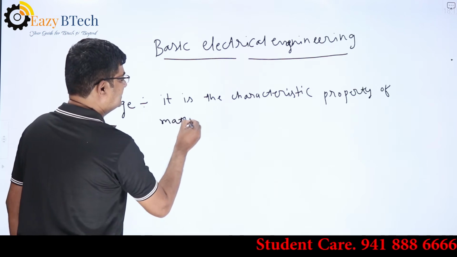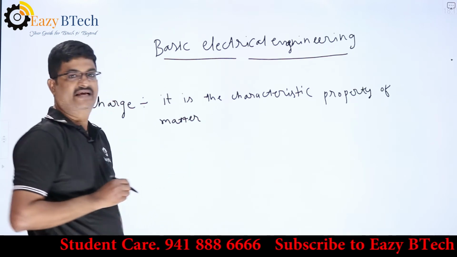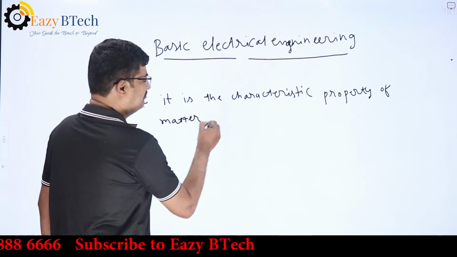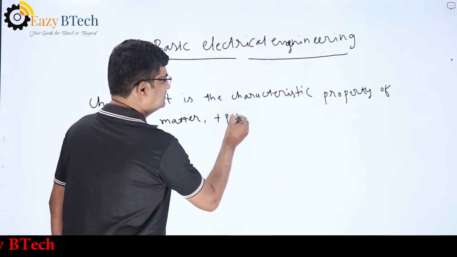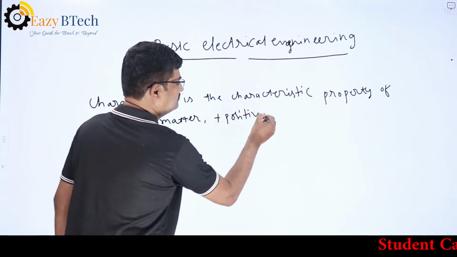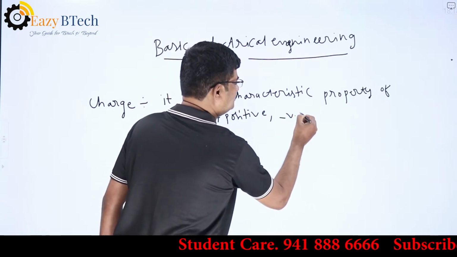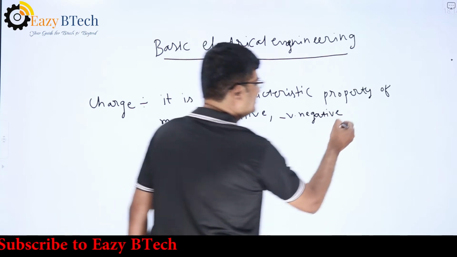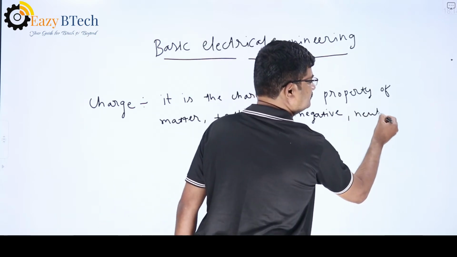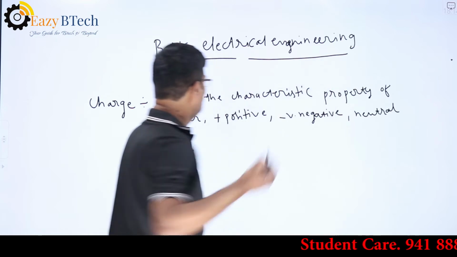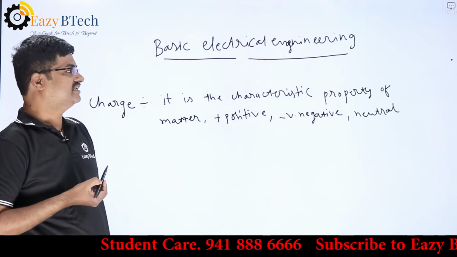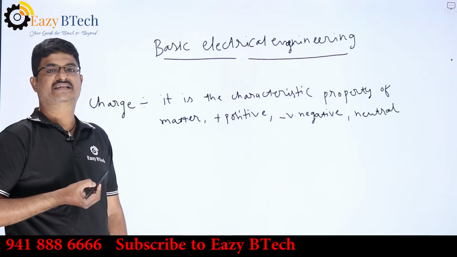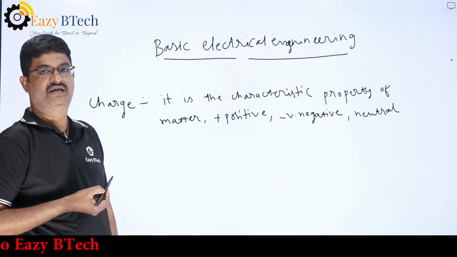My charge can be positive, negative, or neutral. So charge is the characteristic property of matter, and it can be positive, negative, and neutral.